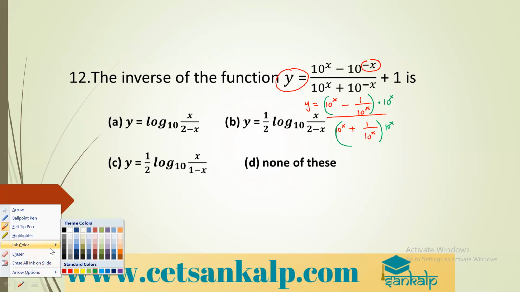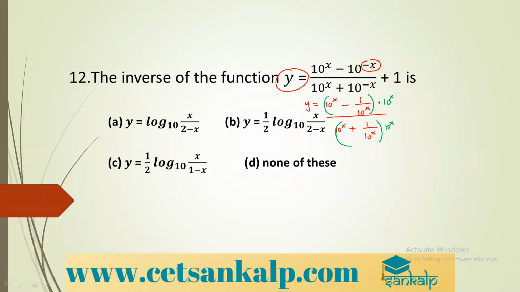When I distribute, I will get y equal to 10 power 2x, because I'm multiplying 10 power x, 10 power x, minus, when I multiply these two, 10 power x will cancel, I have minus 1.